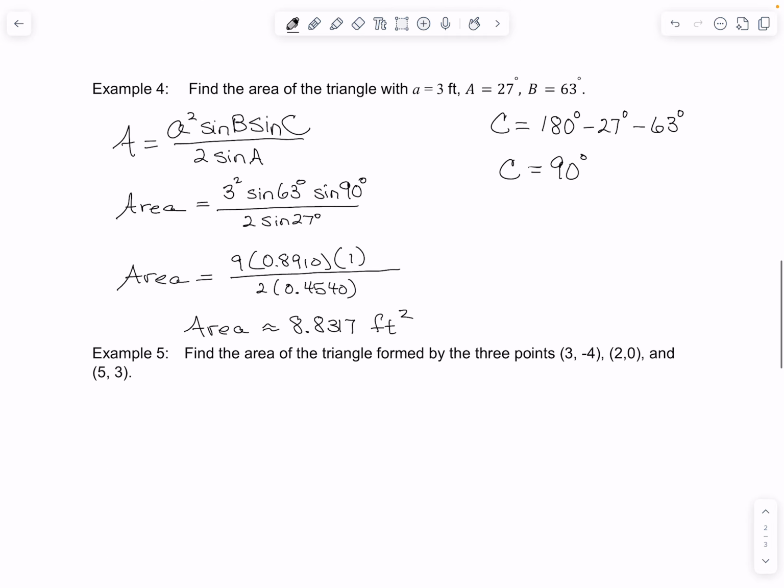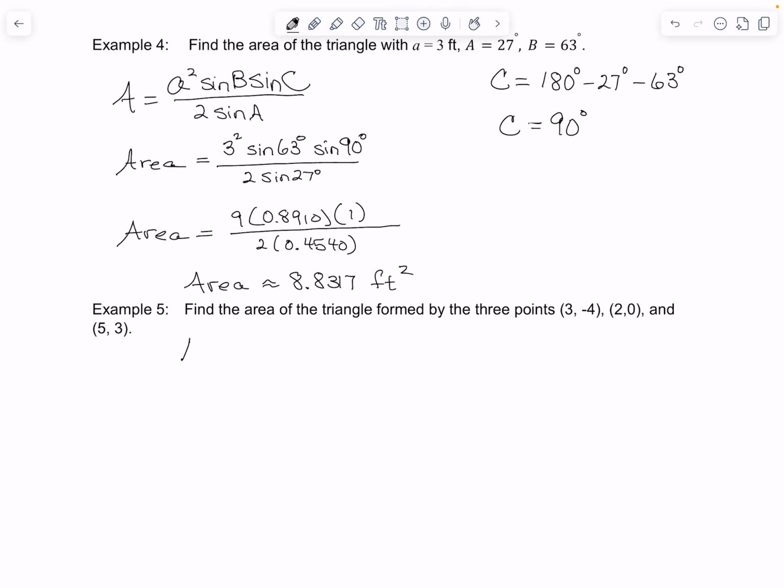So we have our area is equal to whichever we need, the positive or negative, so that when we multiply it out, we get a positive value for our area. And each ordered pair has an x and a y. And we can put the subscripts above the ordered pairs to keep track.